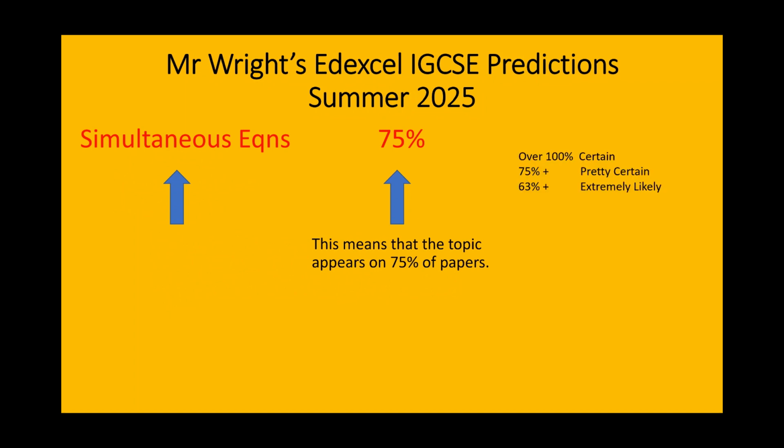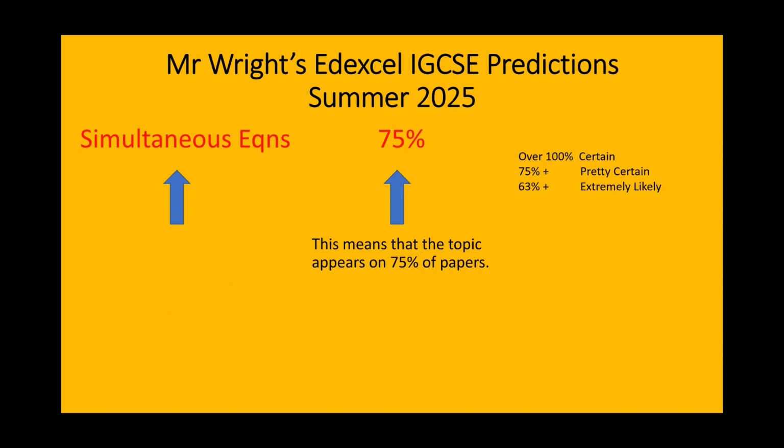So if something has a percentage of over 100%, then I am predicting that it's certain to appear on both of your papers. If it has a percentage of 75% plus, then I'm calling it pretty certain. After all, on average, it appears more than once across your two papers. And if it has a percentage of over 63%, then I'm calling it extremely likely.